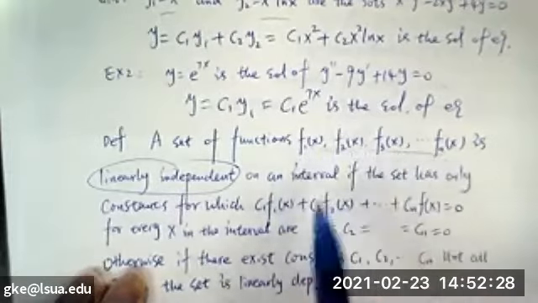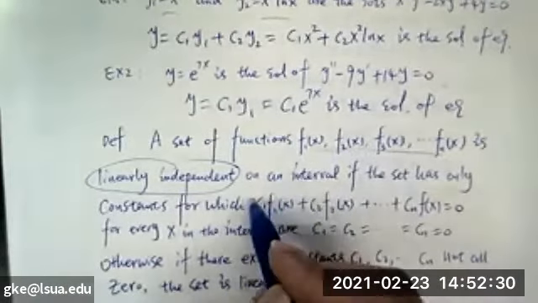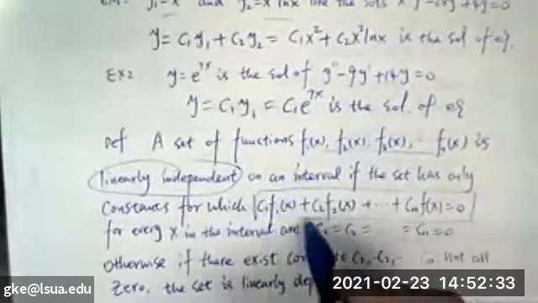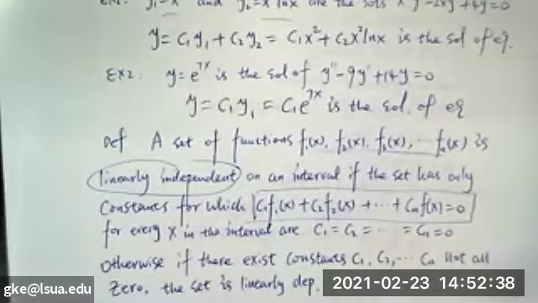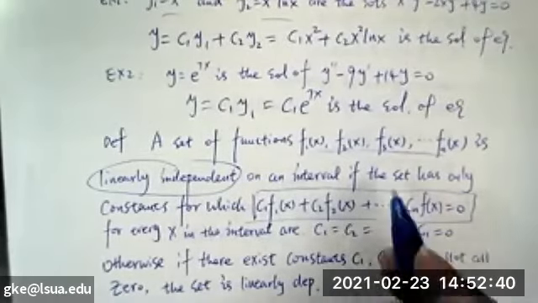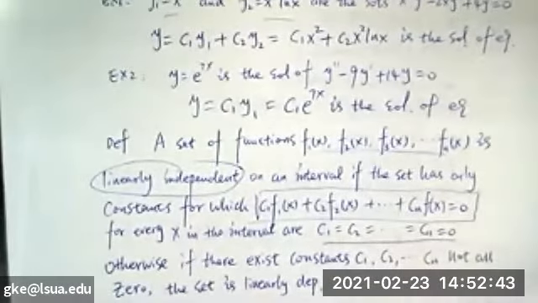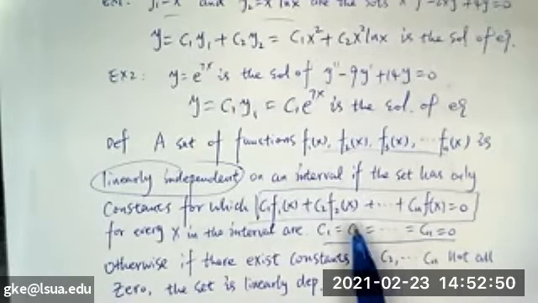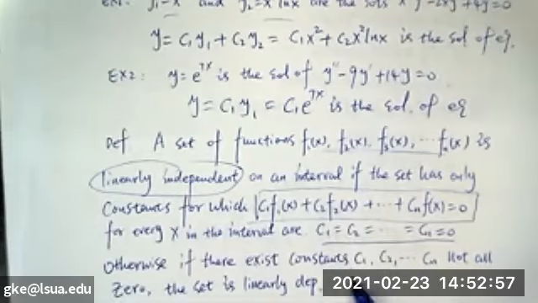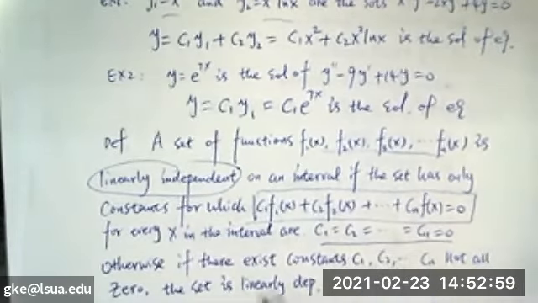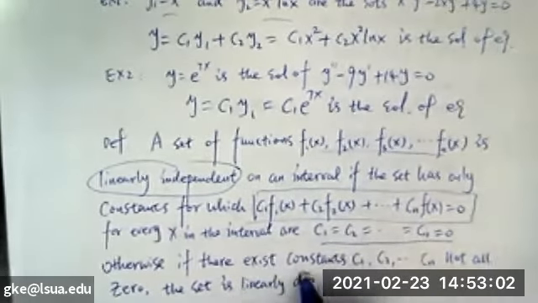That means when we take the linear combination, let it equal 0, and solve this equation, we find C1 equals C2 equals and so on, all the constants equal 0. That means it is linearly independent. Otherwise, if we find non-zero constants, it means it's linearly dependent.